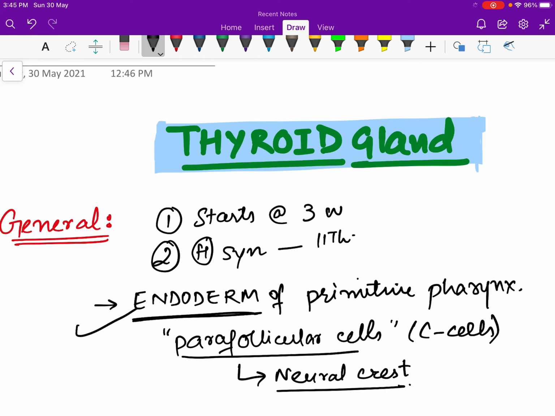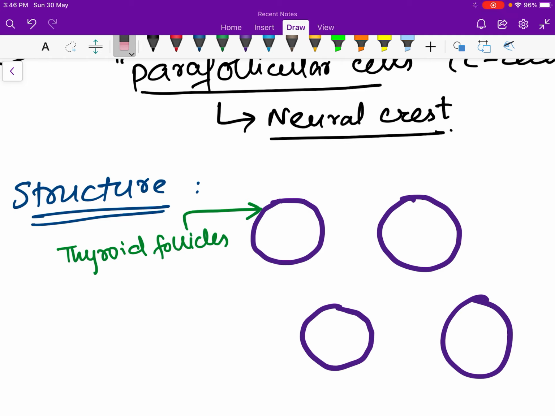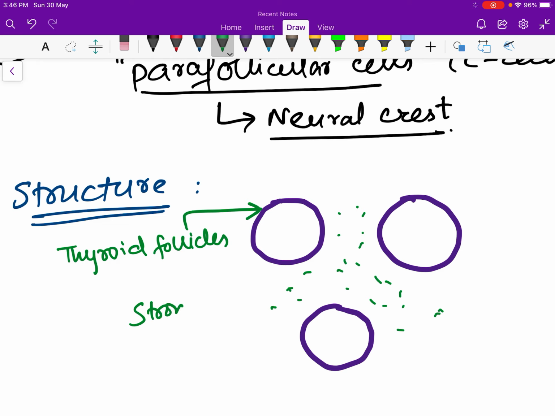There are a lot of follicles, and for convenience we are going to show just three. In between these follicles is connective tissue which is called stroma.